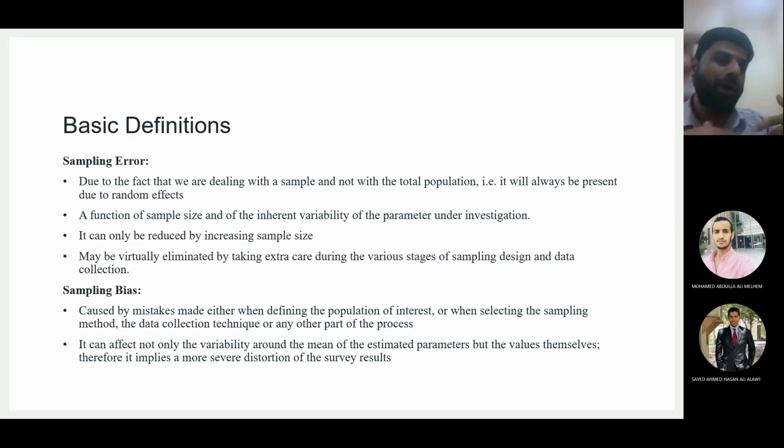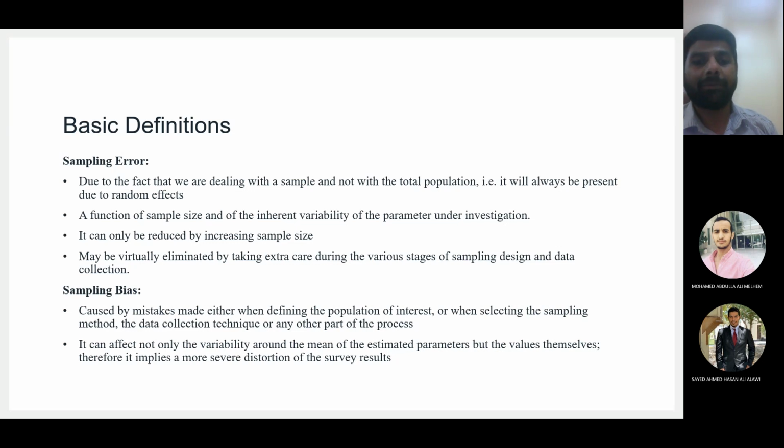You told whoever was collecting the data to just collect the data from this area of the city. You did not define the population properly. Or the trips which are coming to your city are also coming from outside the city, and you forgot to include them in your population. Data will be biased.